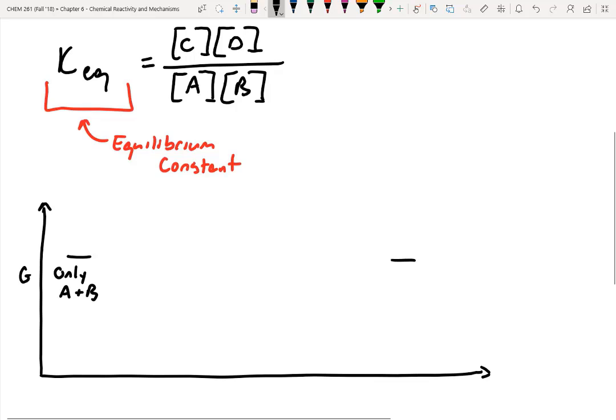Or theoretically, we could do the opposite where we could only add C and D. The reality is when you mix these two, they want to find some energetic minima, right? Where the rates stop changing. So this will usually have some sort of energetic pathway. The lowest energetic potential is essentially where you've reached the reaction equilibrium.